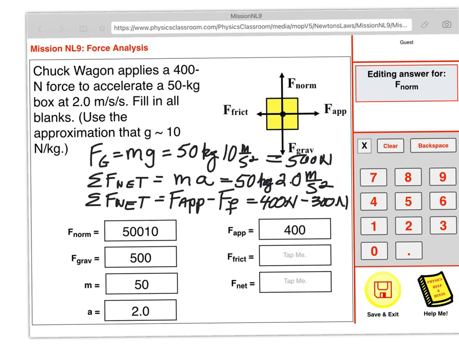Then with the mass, I got the force of gravity and the normal force, which has to be equal and opposite because there's no vertical acceleration here. And notice I'm showing you the formatting because on a quiz I may ask you to show your work. Write out the equations, the numbers have units, answers have units. So just notice the format and practice that.